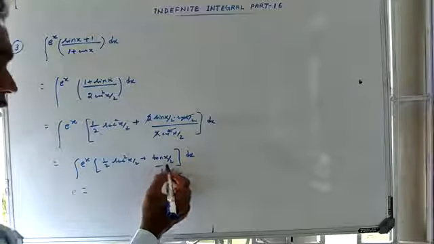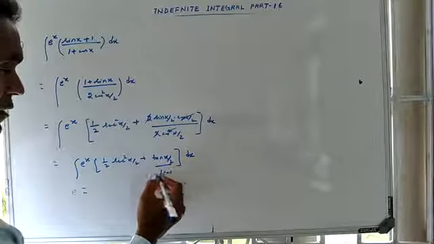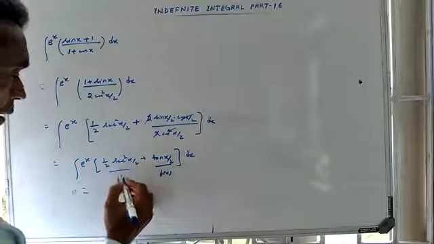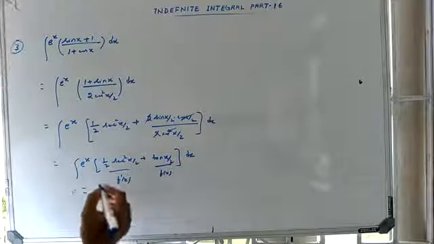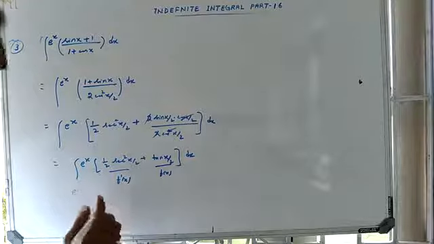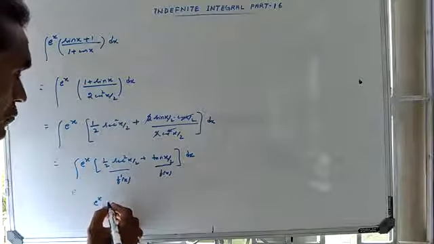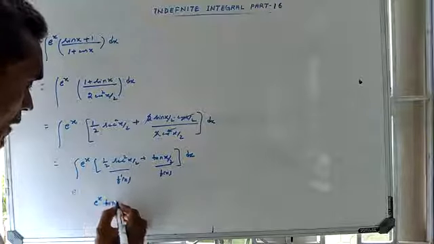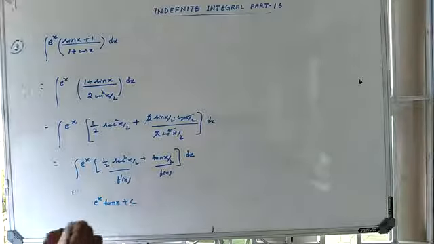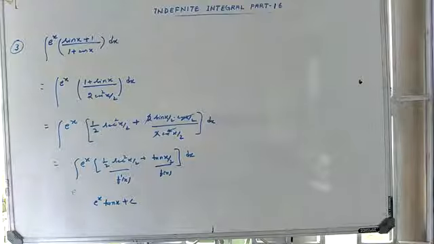So if we take tan x by 2 as f x, then this is f dash x. Applying the above formula, we get the answer e to the power x into tan x by 2, plus c. So this is the answer of this question.